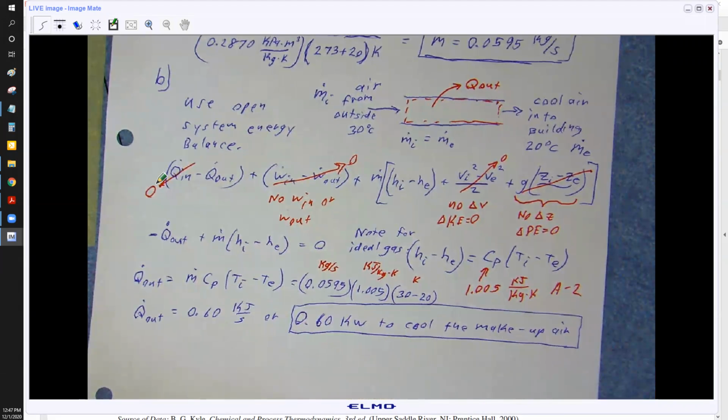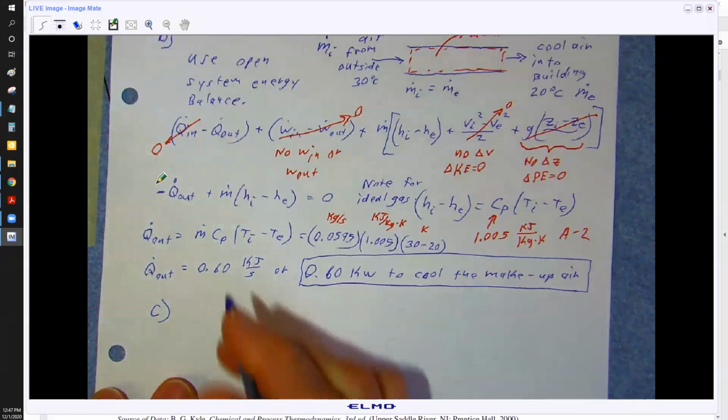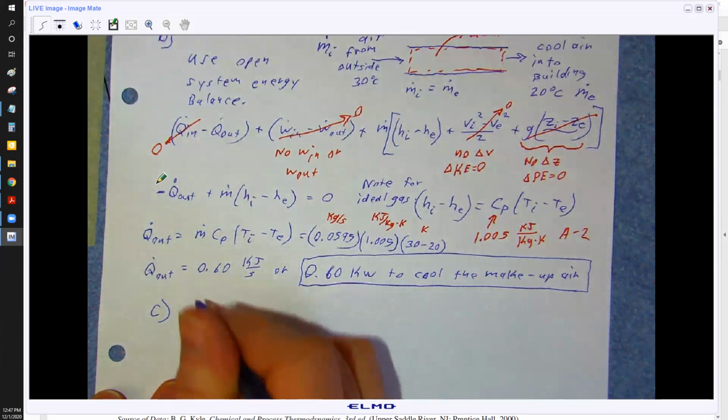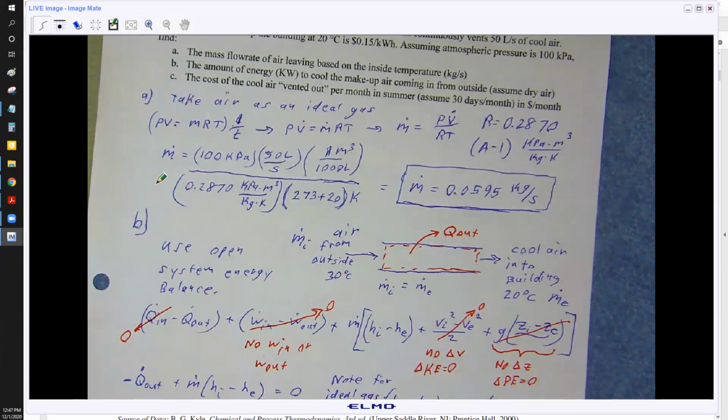All right, finally, part C is the cost. What's the cost of the cool air vented out per month in the summer?